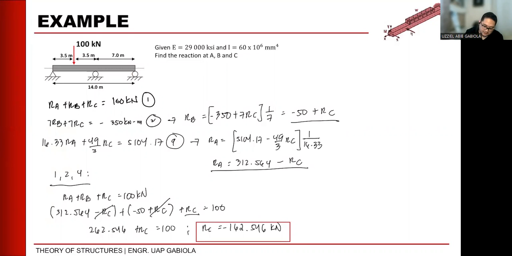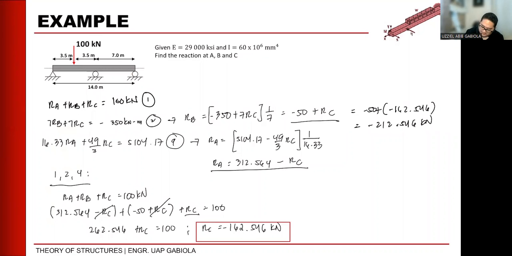Then yung value na nakuha natin for RC, sa-substitute natin dito. So yung RB natin will be negative 50 plus negative 162.546. So this is negative 212.546 kilonewton.